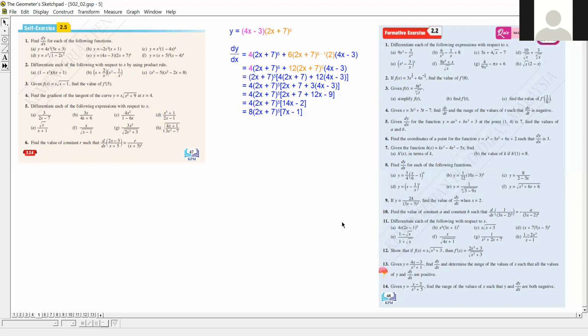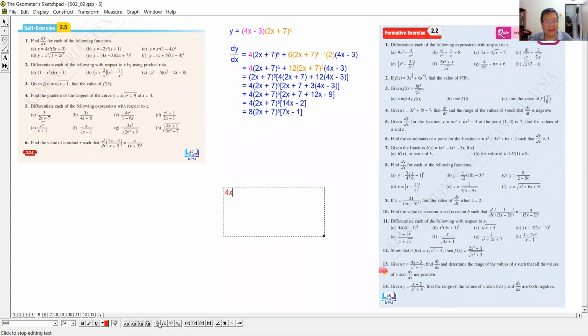Like if 12 bracket 4x minus 3 and then raised by power 2, that one we can times the 3 into the bracket. 4x minus 3 to the power of... No, 3 bracket 4x minus 3 raised by the power 2. Is it like this? Yeah.